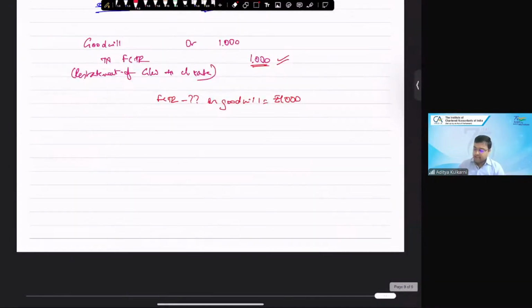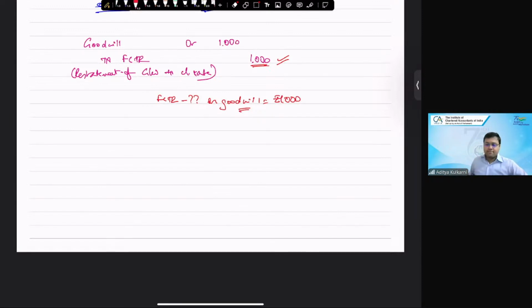This is FCTR on goodwill. Where will this go? Will it be shared to the parent alone, or will it go to the parent and NCI? Here it is parent alone. Here it is a 100% subsidiary, so you will obviously say parent alone.